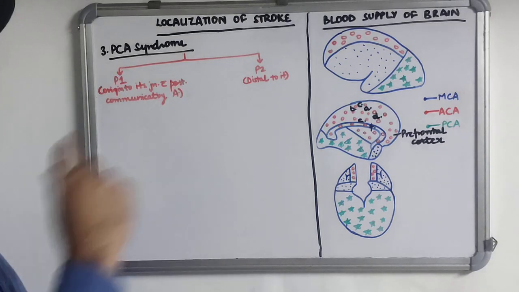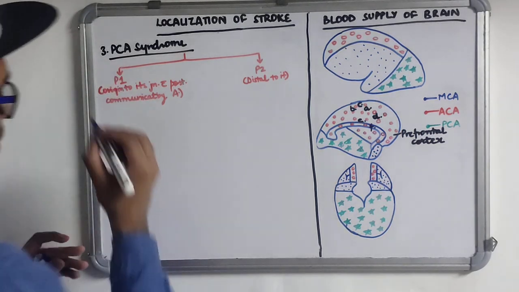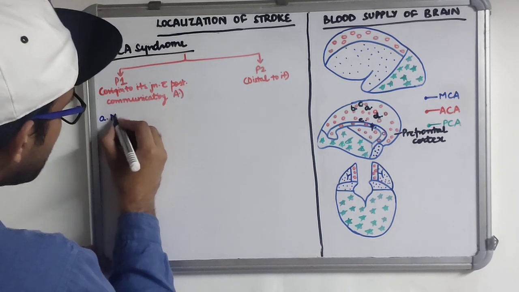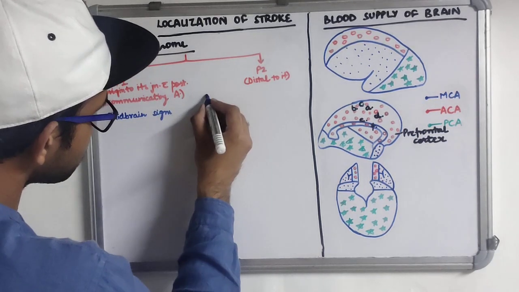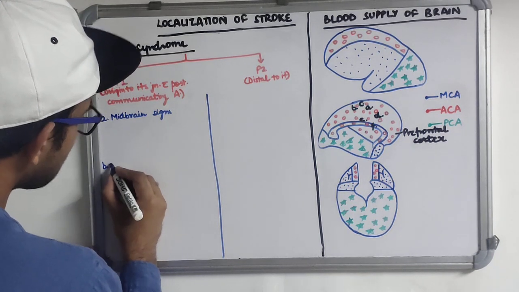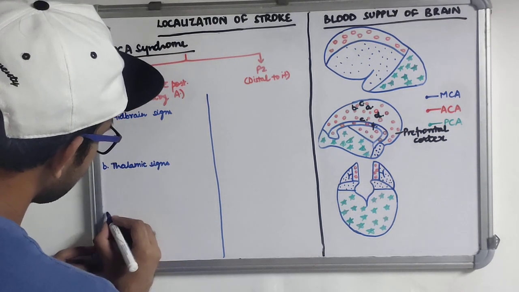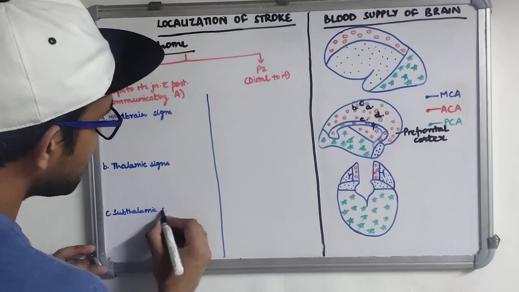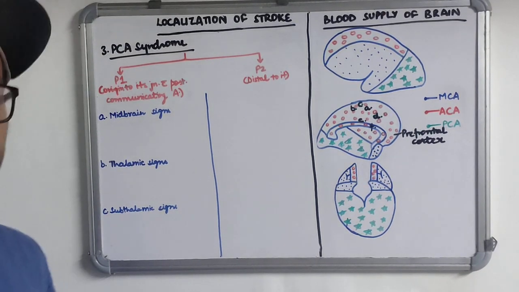Now, each one of them has different implications. If there is an occlusion of the P1 segment, it results in midbrain signs, thalamic signs and subthalamic signs, because the P1 segment primarily supplies the midbrain, the cerebral peduncles, the subthalamus and the medial thalamus.